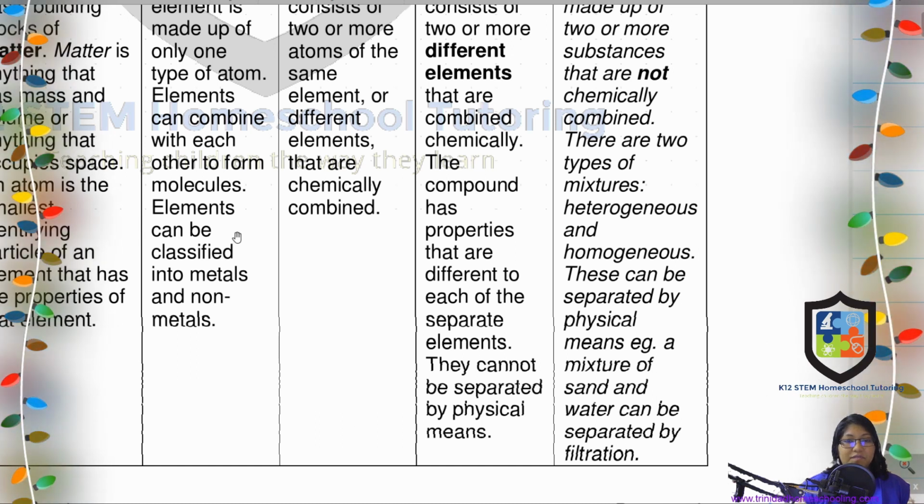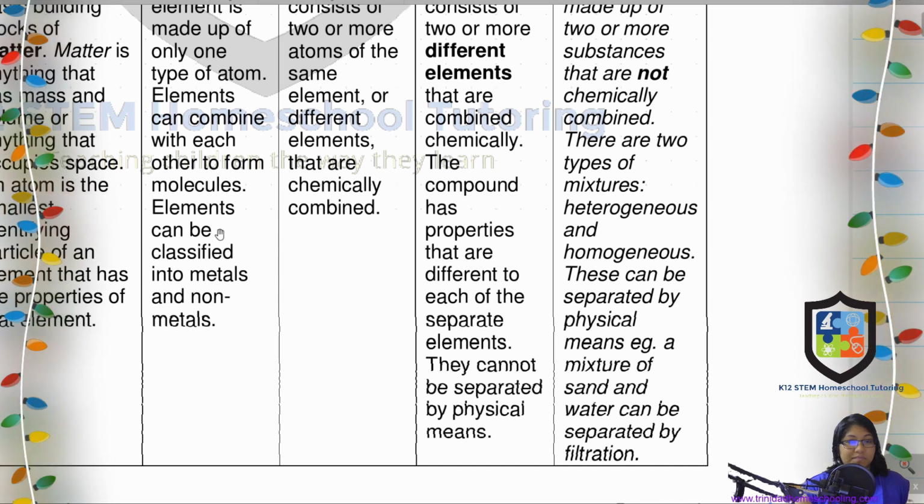Or any other physical separation means. For example, if I put marbles in sand, I can use my hand and pick out each marble from the sand, right? If I have a mixture of sand and water, like on the beach, we could separate that by filtration.